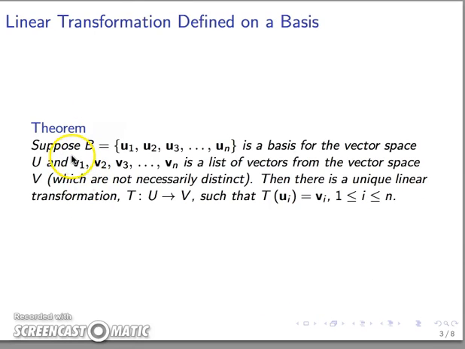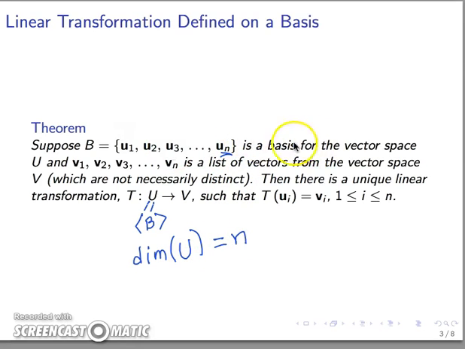So this theorem tells us that we consider first a basis for the domain. So the idea of this theorem is that this domain U is the span of the set B. So B spans U, and in fact the dimension of the domain is equal to n, right?